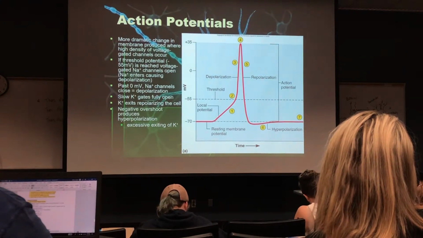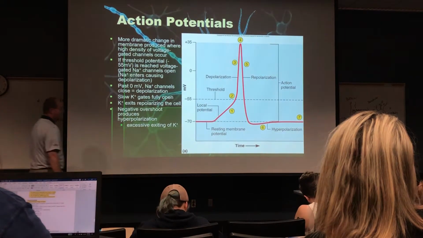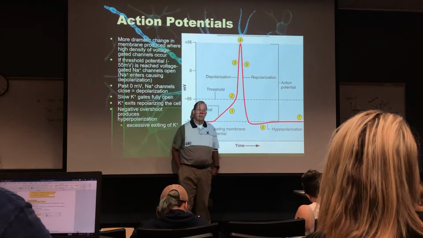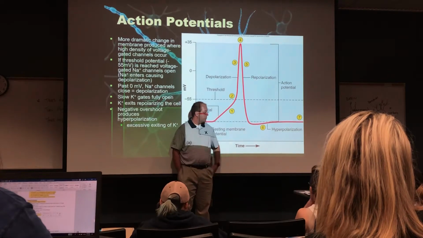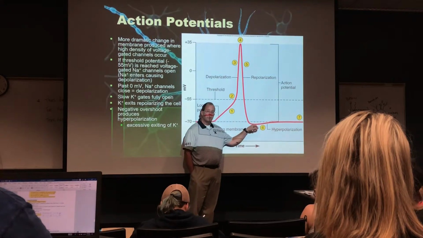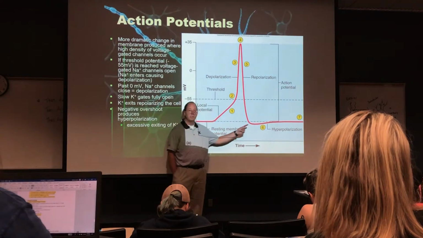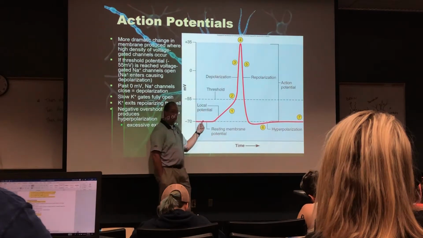When you drink excessively, you utilize a neurotransmitter that causes hyperpolarization, which means your nerves are even more negative than they are at rest.